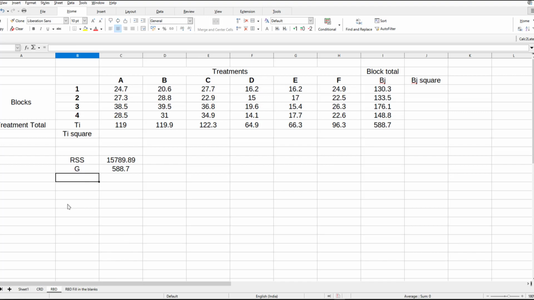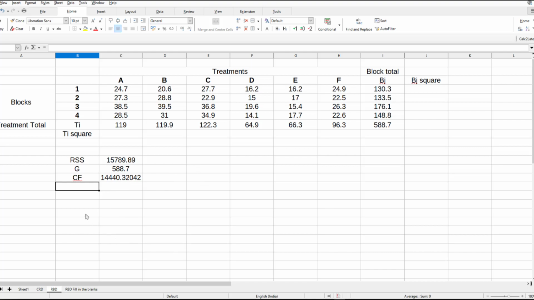Now I will calculate CF. CF is equal to G square, right? So 588.7 square divided by number of observations. How many observations? We have 6 treatments, 4 blocks. So 6 4s are 24. So correction factor is 144, 0.32, right?